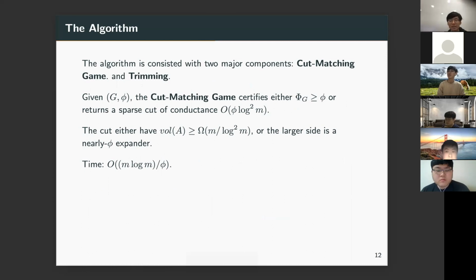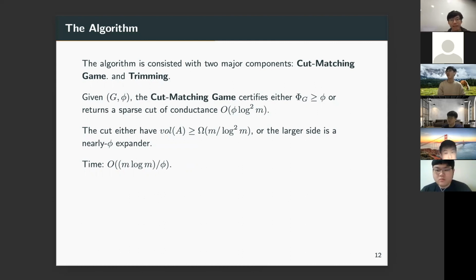So anyway, it certifies either that it is an expander or it returns a sparse cut with conductance of phi log square m. So it has the property that the cut either is balanced or the larger side is a nearly phi expander. So what is a nearly phi expander?